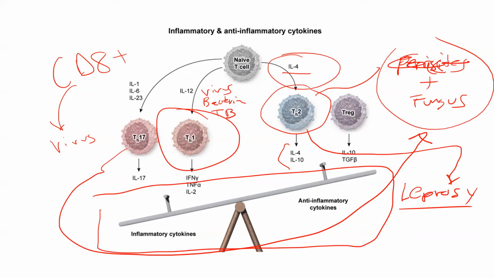The other is tuberculoid leprosy. So could you guess which response is appropriately happening for our leprosy patient? Is the Th2 causing lepromatous, or is it causing tuberculoid leprosy? The lepromatous? Yeah, exactly.